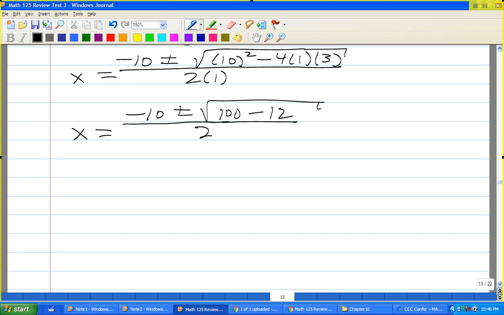Okay, so let's evaluate this. And so x is equal to a negative 10 plus or minus the square root of 88.